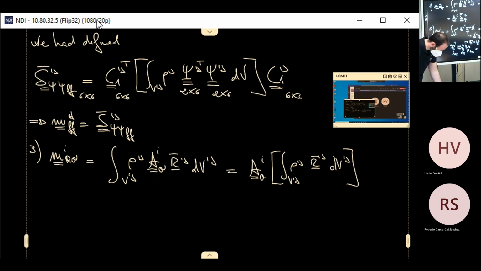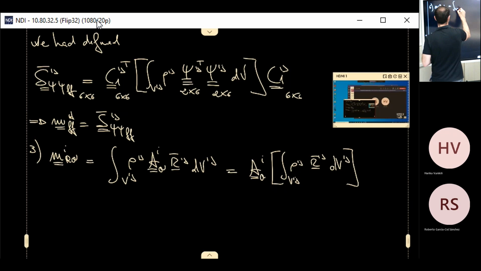The last one, and then we're done, is M ij theta f. This is the integral over Vij of rho ij applied over R applied over I with a tilde.